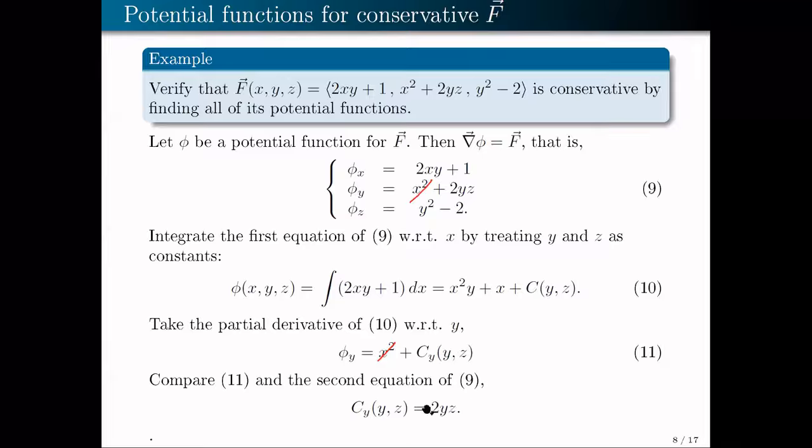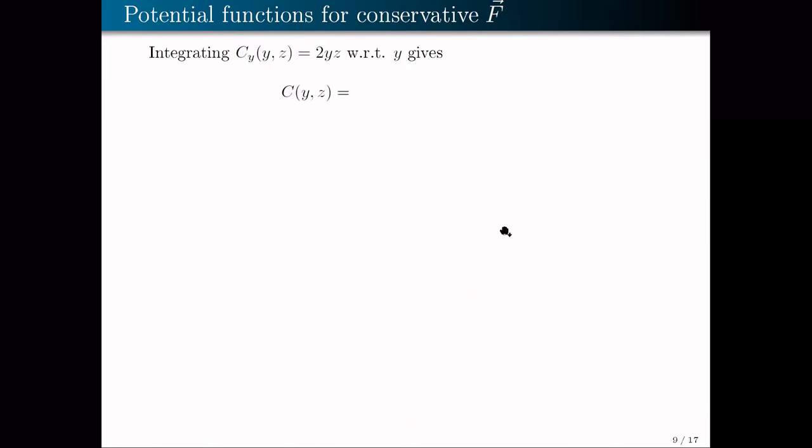We can now plug this in this part of equation 11. So from our results, we have phi sub y equals 2yz. Let's now go to the next slide. So we have c sub y equals 2yz.